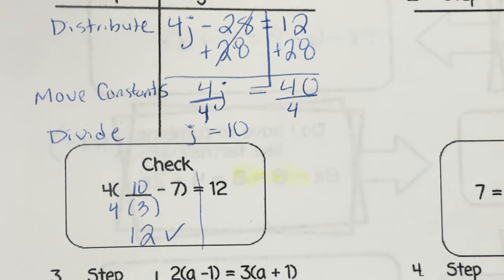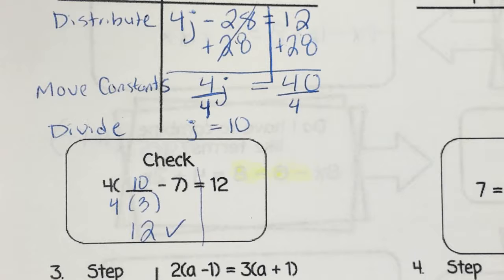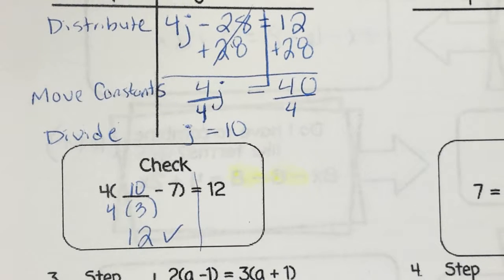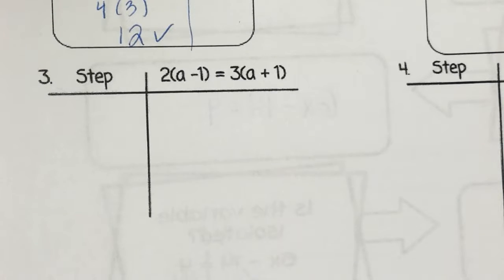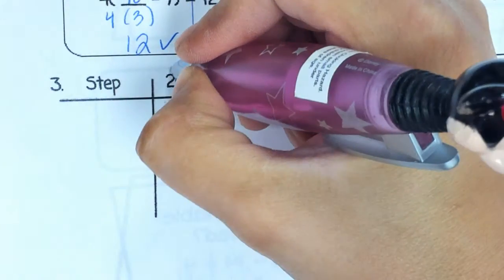Okay, skip to number 3, right below it. Okay, on the foldable, what's the first step I have to do? Distribute. I have parentheses that tells me distribute. I have to distribute twice.